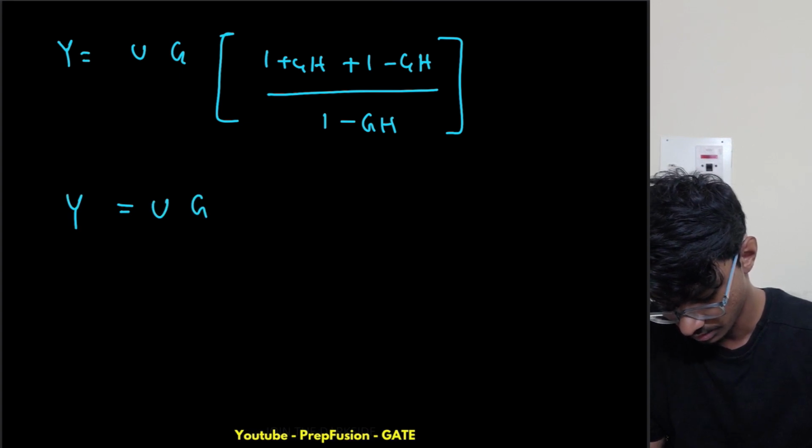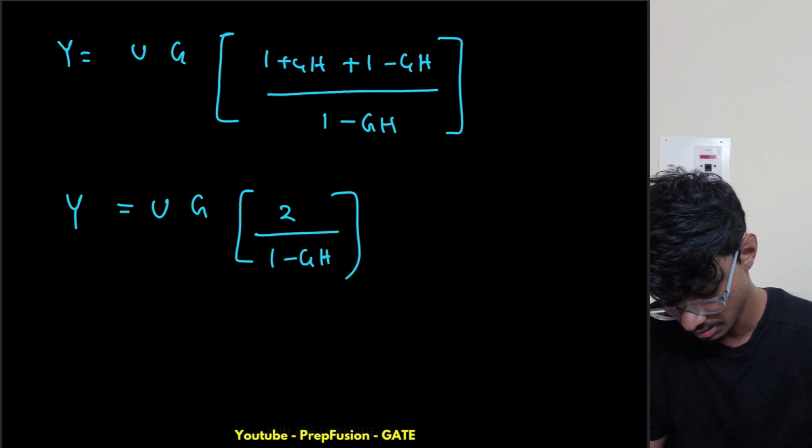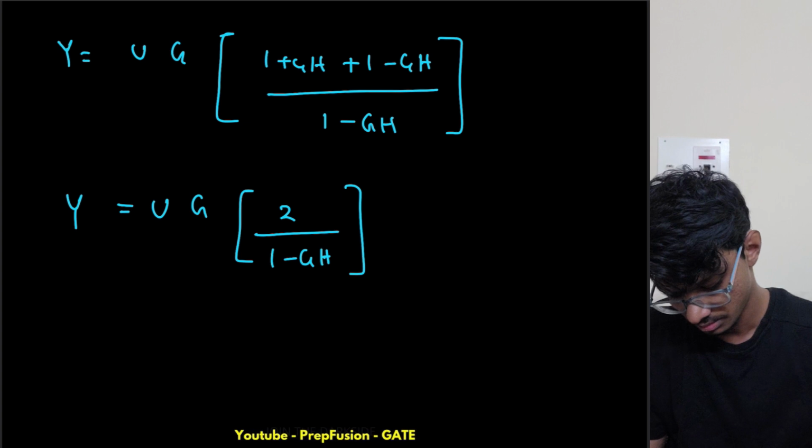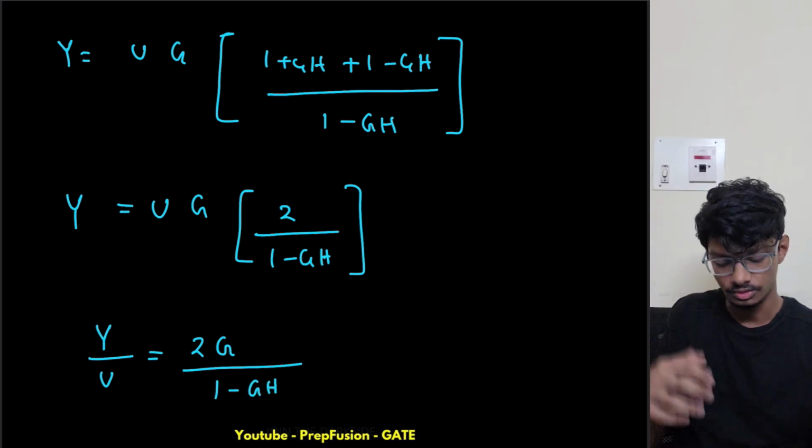This is ug times 2 divided by 1 minus gh, so y equals 2ug divided by 1 minus gh. So this is the solution using the equations.